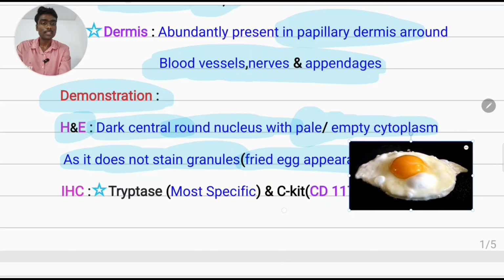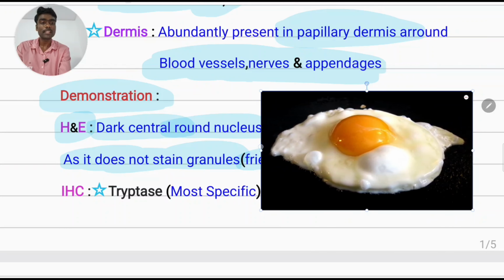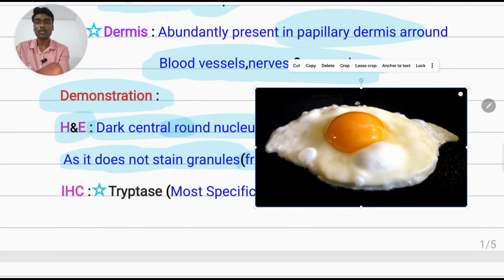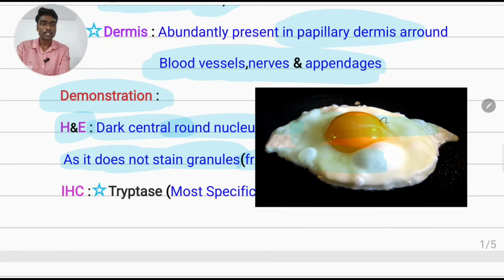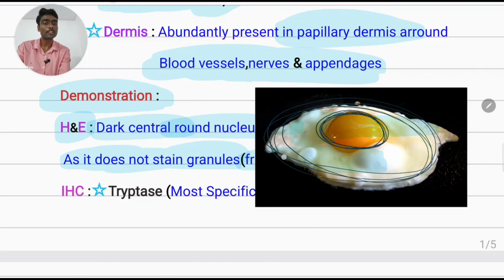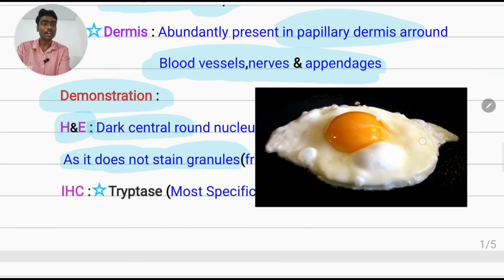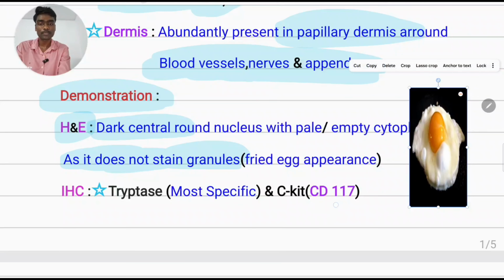Here you can see this is a fried egg with a central dark round egg yolk, that is the yellow part of the egg, with pale empty white, that is egg white. Cytoplasm is compared to egg white. This is actually an omelette, a half boiled omelette. Why they are calling it a fried egg appearance, I don't know.